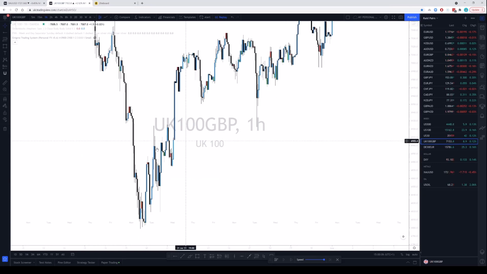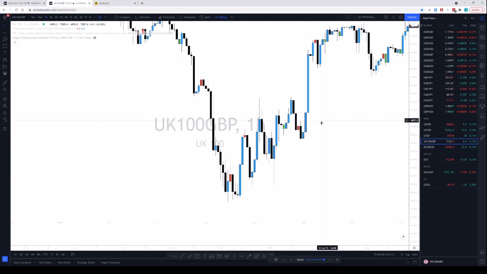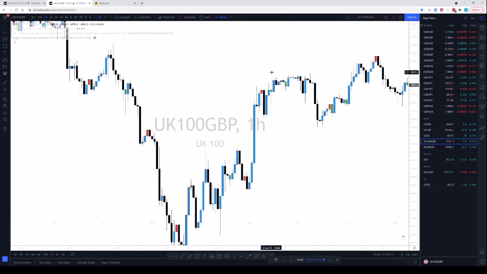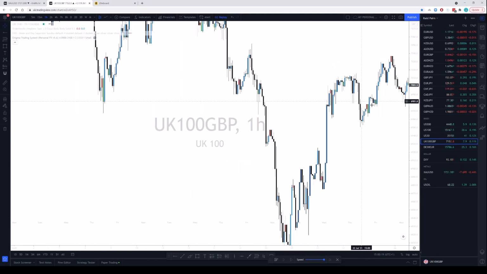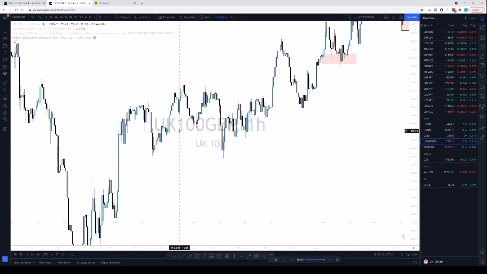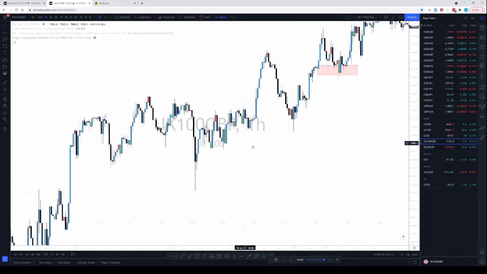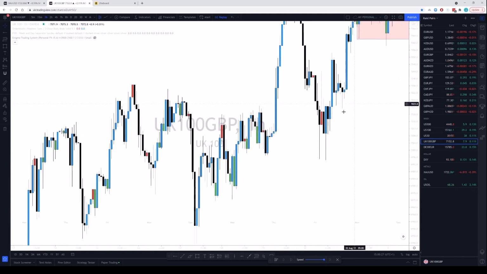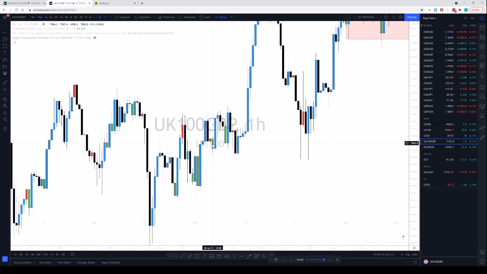Here, right, another block, price shoots away, price comes back, doesn't respect it, takes out the low, and then the move happens, right? Let's see if I can find another one. There's another one here.